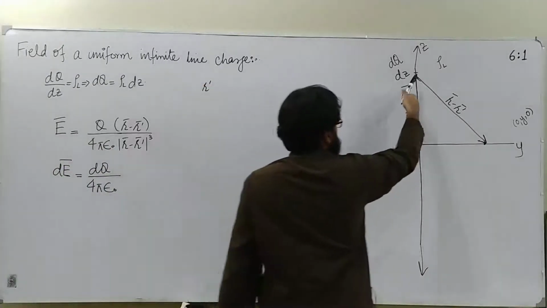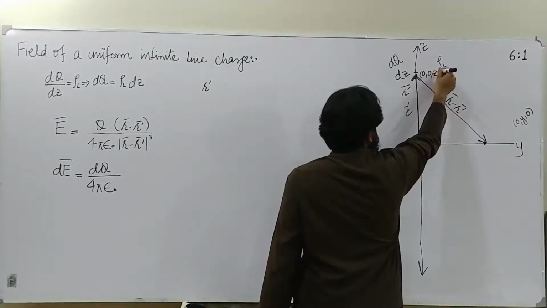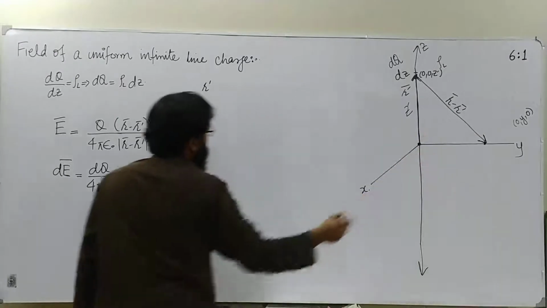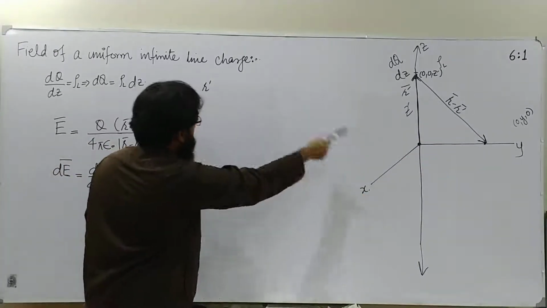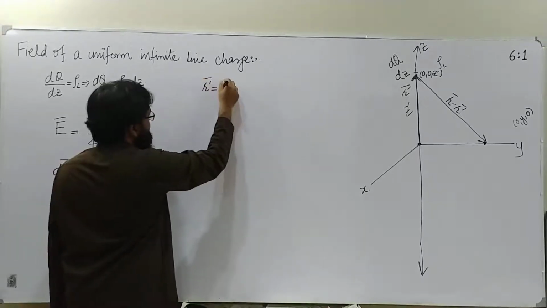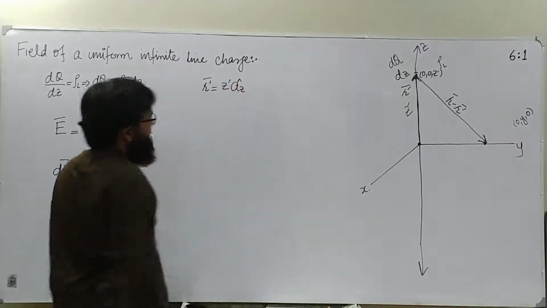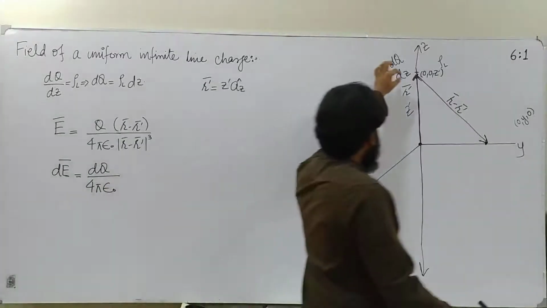The coordinates of this point are 0, 0, z prime, and the coordinates of origin are 0, 0, 0. So you know the coordinates of head and the coordinates of tail, so you can simply write the expression for the position vector locating that source segment.